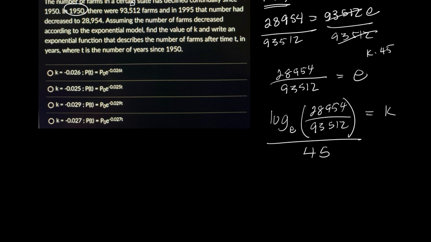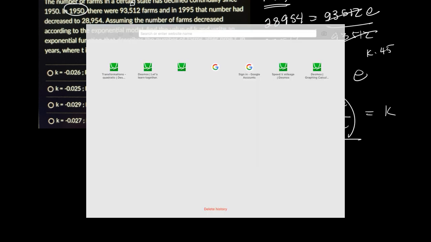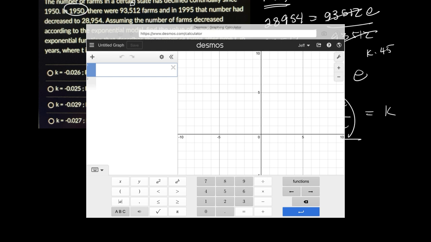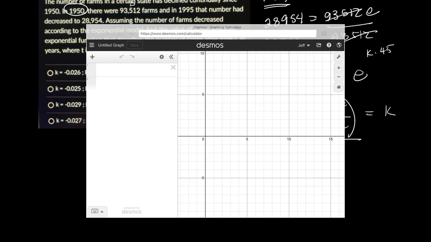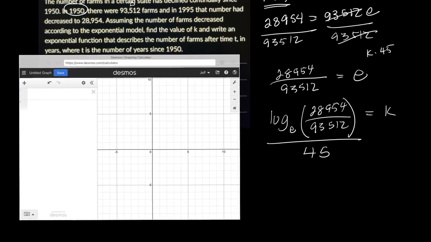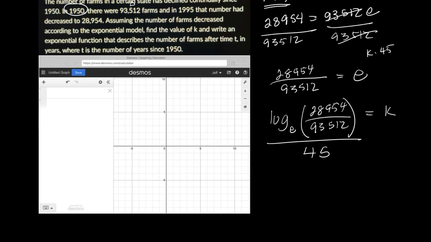Let me do that in decimals. Graphing calculator. I gotta move it a bit. Okay, here we go.